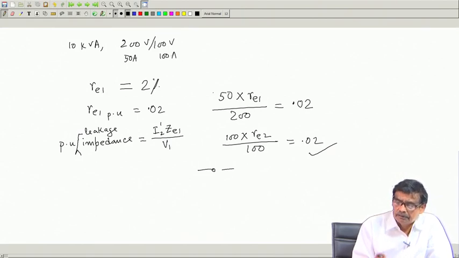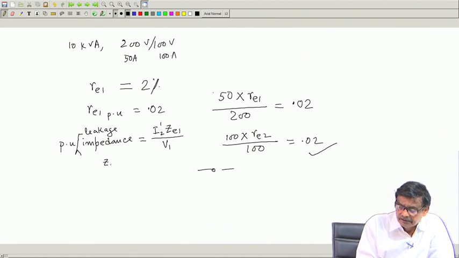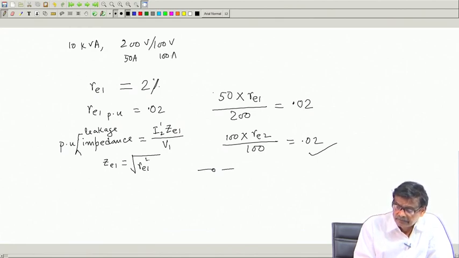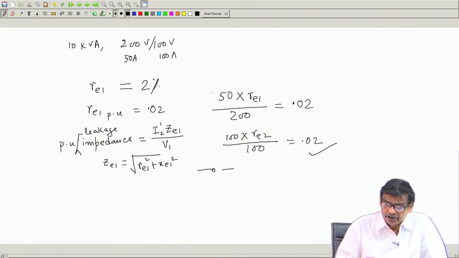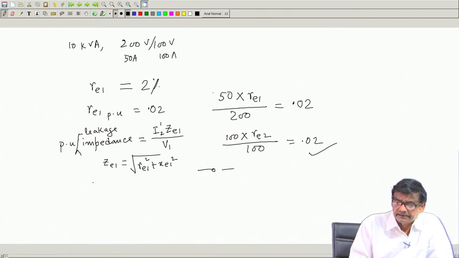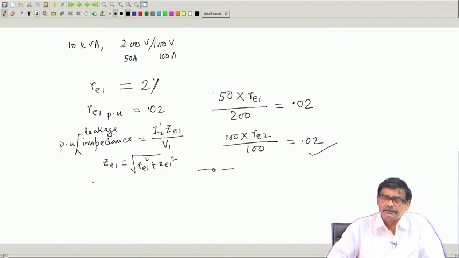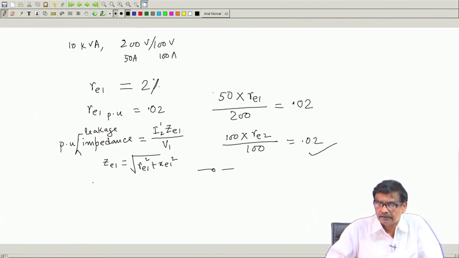All are numbers only, where Z E1 per unit is the per unit impedance, and Z E1 is the actual impedance in ohm, equal to the square root of RE1 squared plus XE1 squared. And per unit resistance, impedance or reactance are the same, no matter whether you calculate the per unit values from the high voltage side or from the low voltage side. This will come out to be the same.